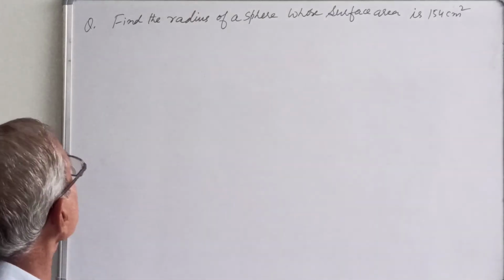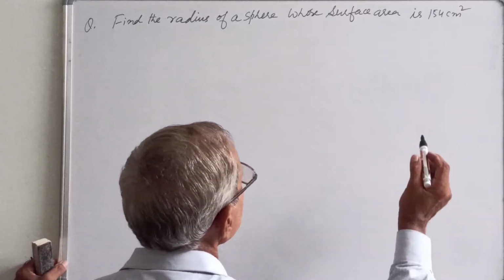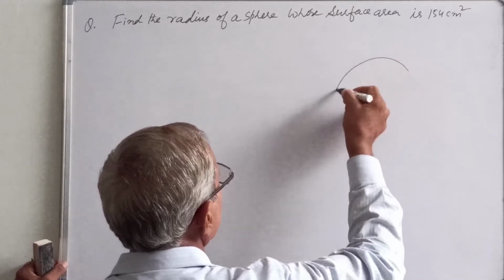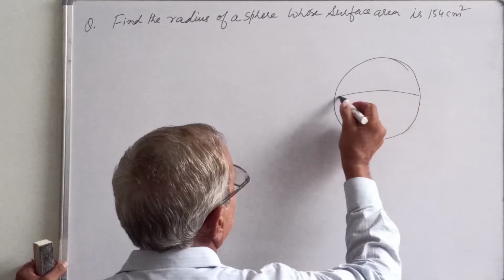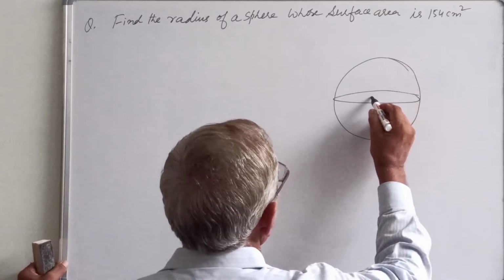The next question is, find the radius of a sphere whose surface area is 154 centimeter square. A sphere, you have to find its radius.